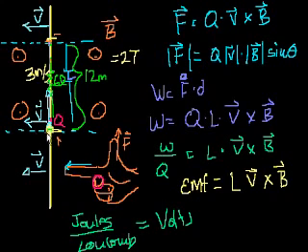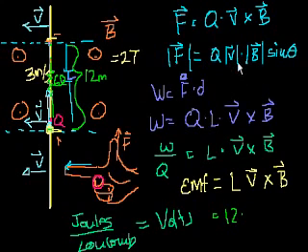So the EMF induced, the electromotive force put onto the wire by the magnetic field, is going to equal the distance of the wire in the magnetic field, 12 meters, times, well, when we're taking the cross product, we know that the velocity is perpendicular to the magnetic field, so we don't have to worry about sine theta, because theta is already 90 degrees.